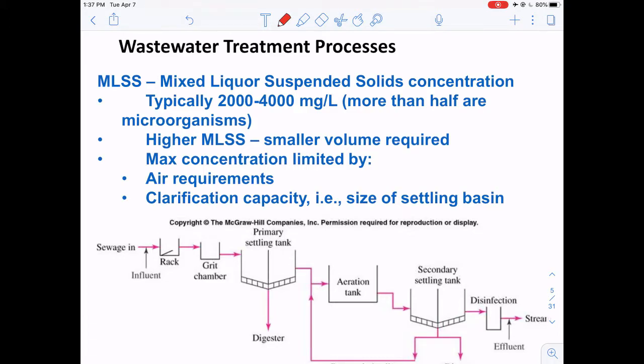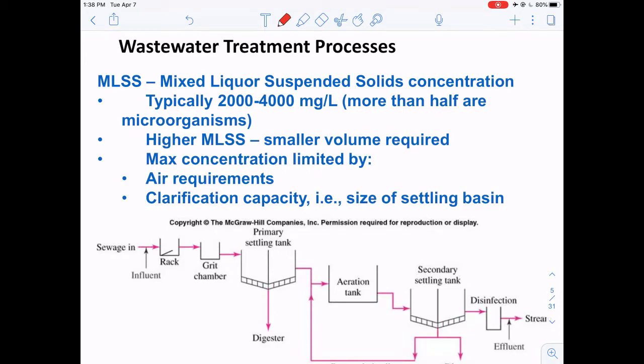Okay. So here we'll further expand on the definitions and design parameters of an aeration tank. We mentioned that the MLSS is the mixed liquor suspended solids concentration, and typically it will have a concentration between 2,000 to 4,000 milligrams per liter. We should notice that among these suspended solids, more than half of them are actually microorganisms.